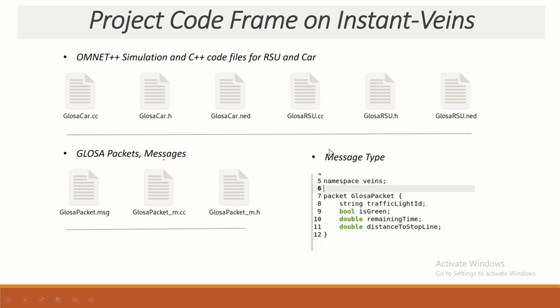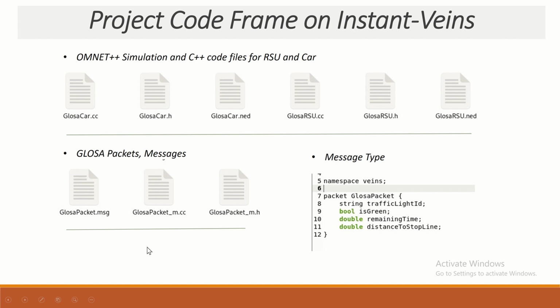These files handle the logic for processing messages, calculating distances, and adjusting vehicle speed. The communication is handled through custom messages, and packets are defined in a GLOSA packet. The RSU broadcasts these packets to nearby vehicles.